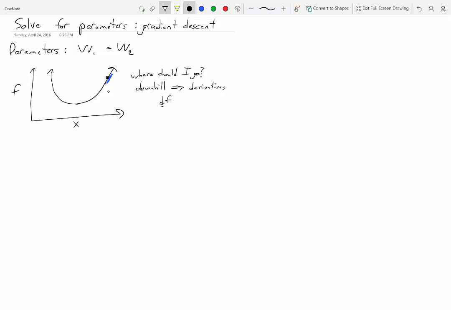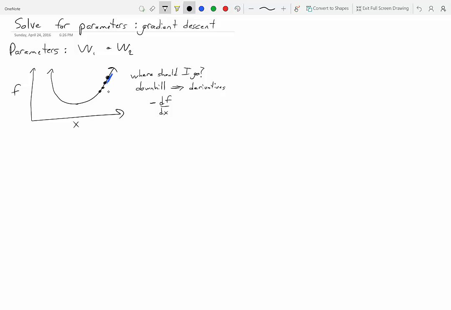That's going to be df dx. But remember, the derivative points in the up direction, and we want to go down. So we want to go in the negative derivative direction. I can be at this point, find my derivative, and take a step in the negative derivative direction, and I end up here. Then I can find the slope here, and do it again.